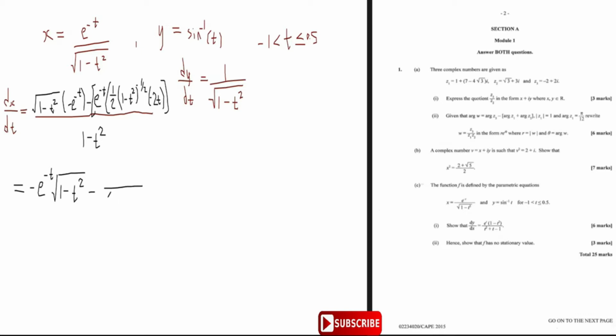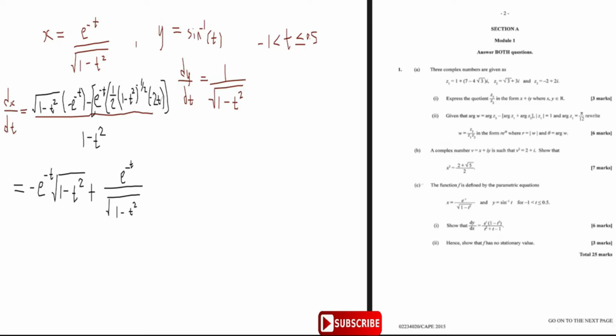So we're going to have in the denominator the square root of 1 minus t squared. In the numerator, we're going to have a 2 here, but this 2 cancels this 2. This minus and this minus makes this become a plus. And then the e to the minus t goes in the numerator. That's how you simplify this part.